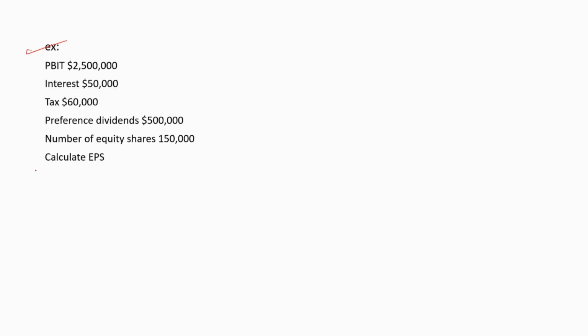Now let's do this example. We have to calculate the earnings per share. Earnings per share is equal to net profit minus preferred dividends divided by ordinary shares. So what is the net profit? They have given us the profit before interest and tax, and interest and tax. We can calculate the net profit using these values. So the net profit is equal to profit before interest and tax minus interest minus tax.